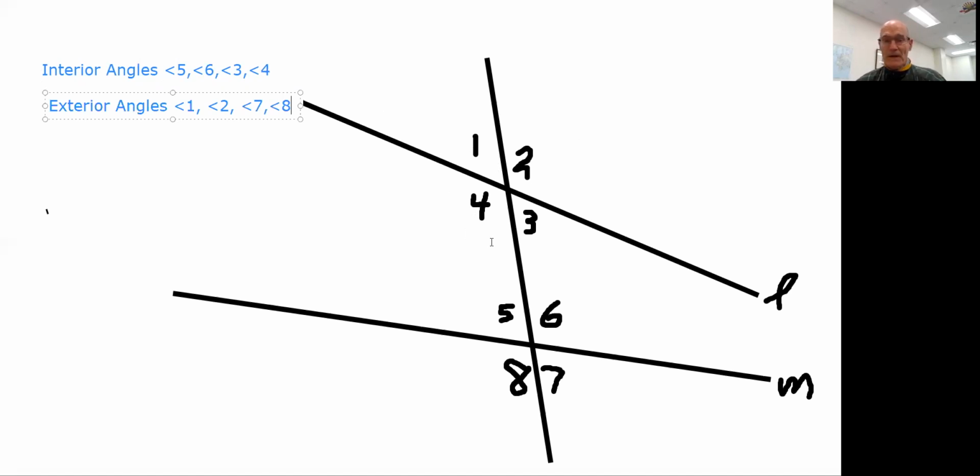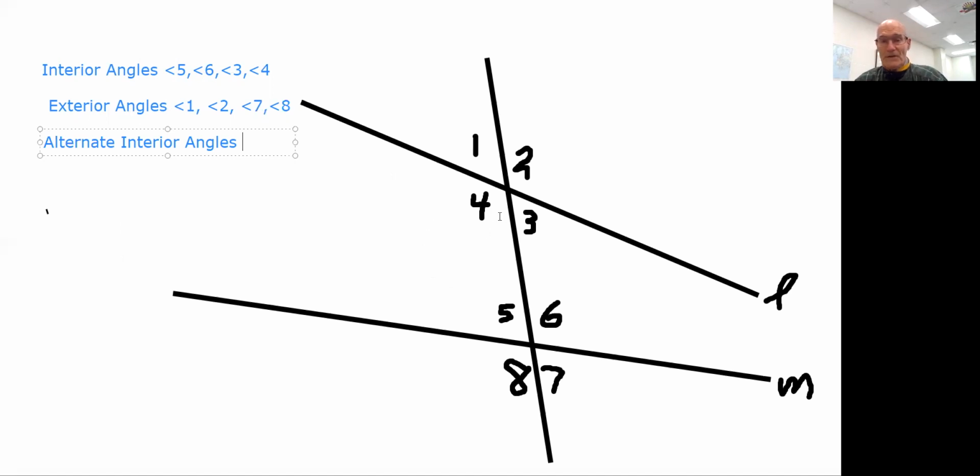The first one would be alternate interior angles. So we're going to do alternate interior angles, and which will find the alternate interior. First off, they have to be interior. So they would have to be one of these 5, 6, 3, or 4.